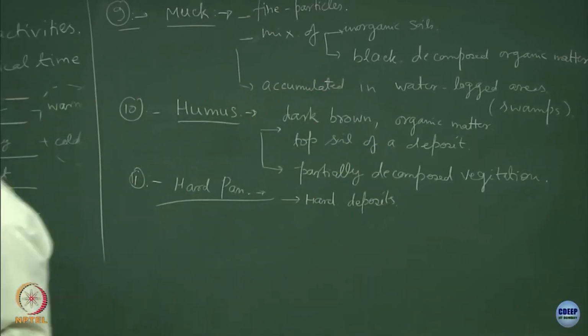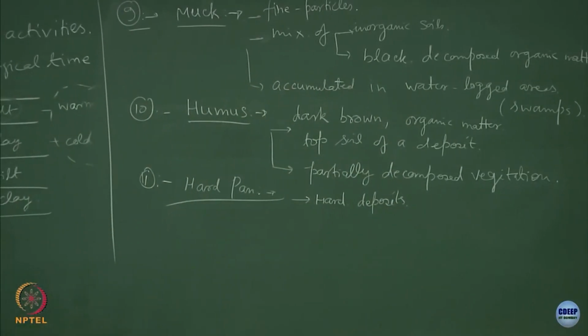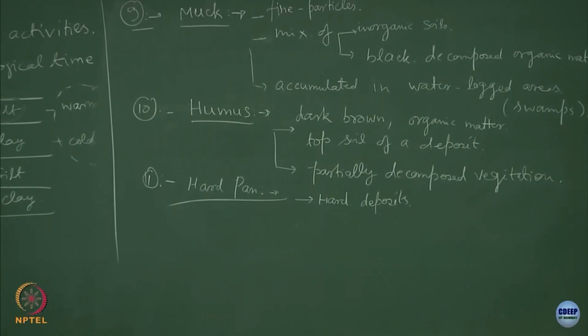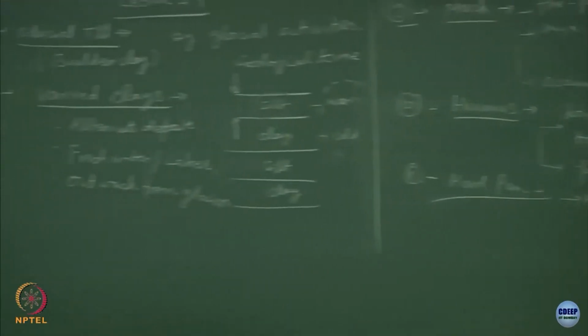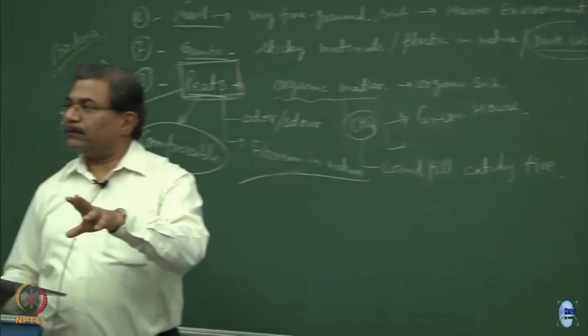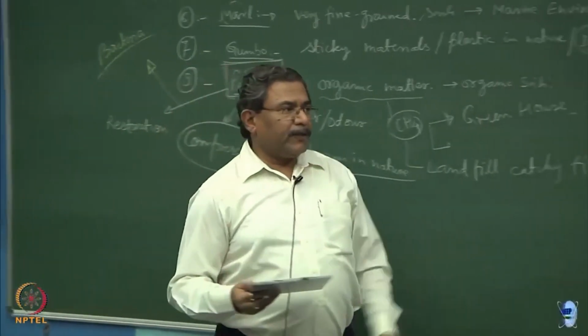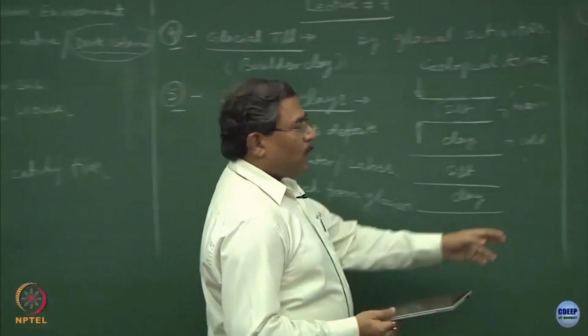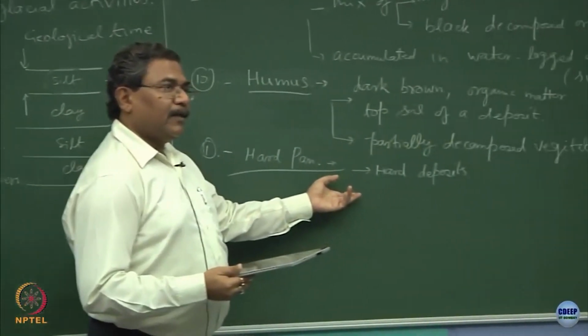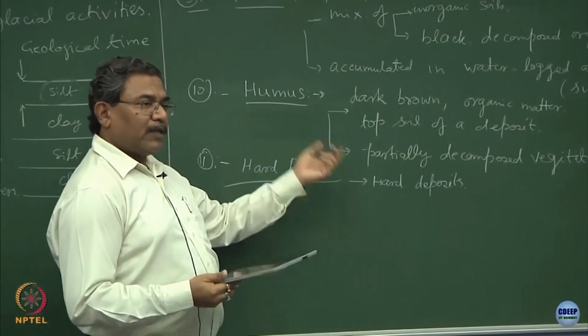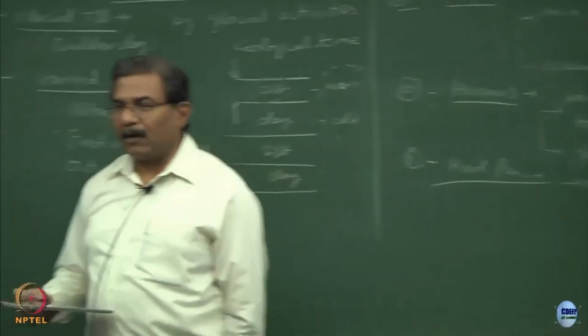Later on you will study one of the tests to confirm whether a material is soil or rock: take a small sample and soak it in water. If it disintegrates over 72 hours, it falls in the category of soils. If it does not, it falls in the category of rocks.